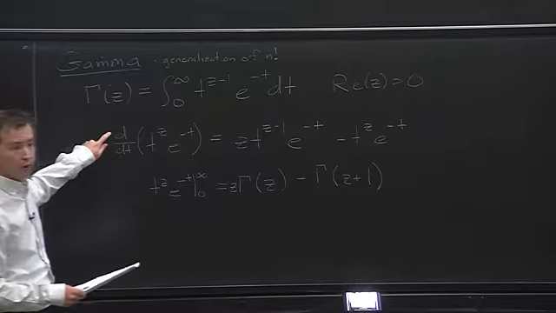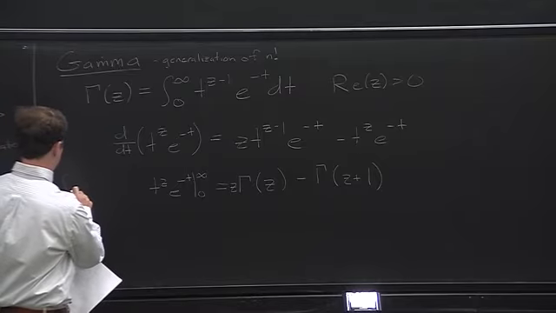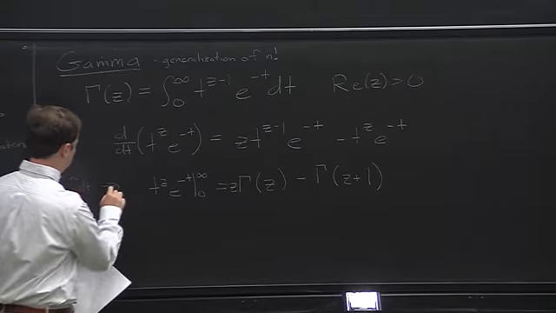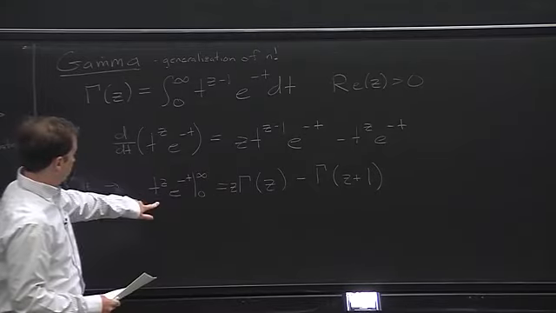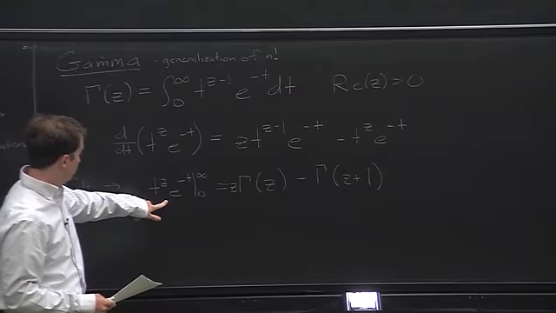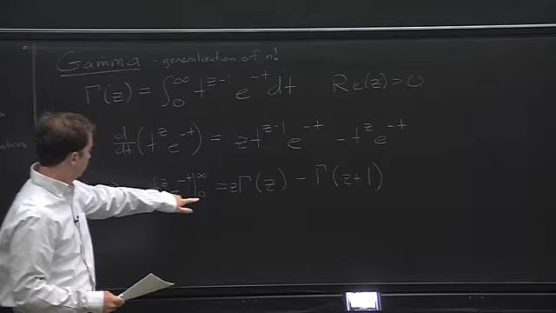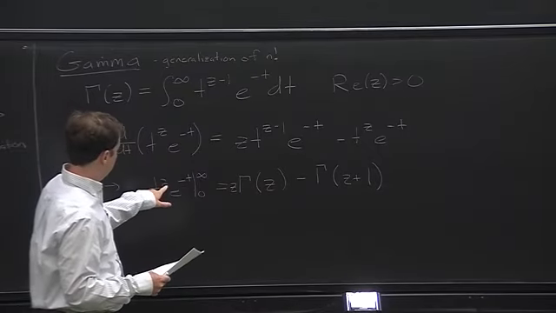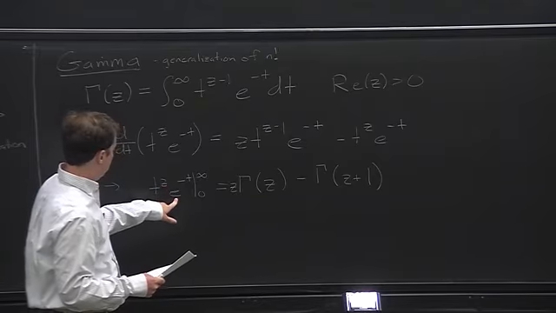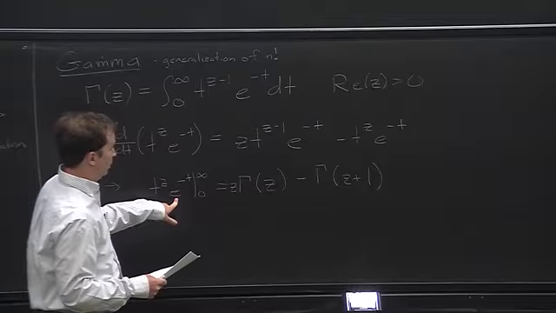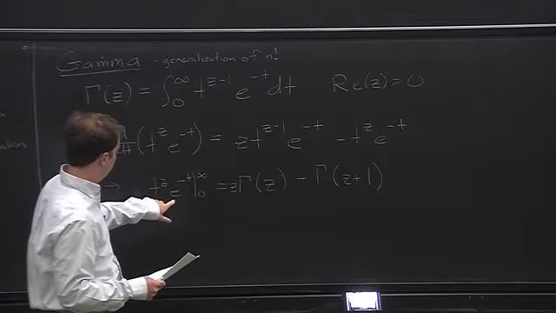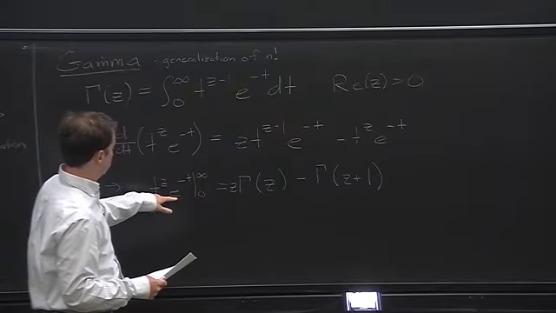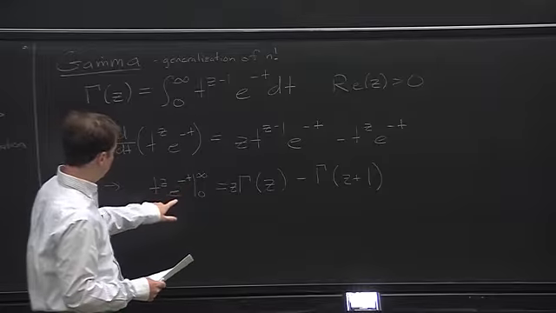So I just integrated this equation from 0 to infinity. And these boundary terms: at 0, t to the z is 0, assuming the real part of z is positive, and e to the minus t is 1, so we just get 0.